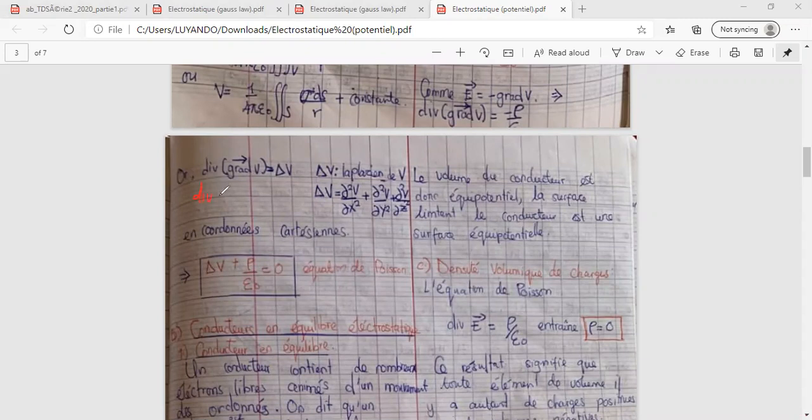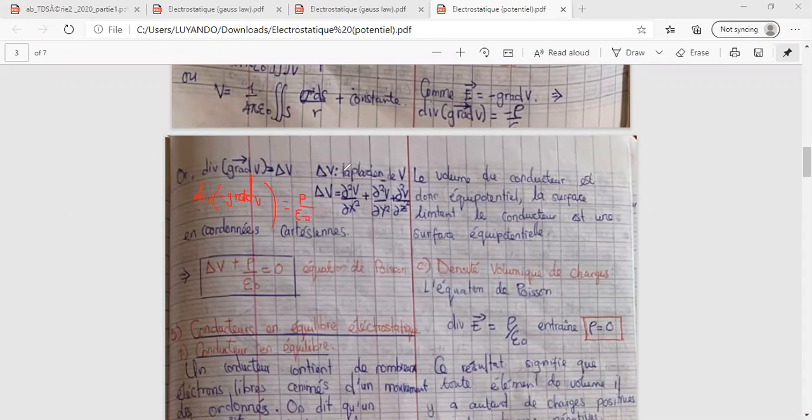Where there's E, we replace it with negative grad V. So the divergence of grad V is equal to this constant over epsilon 0.